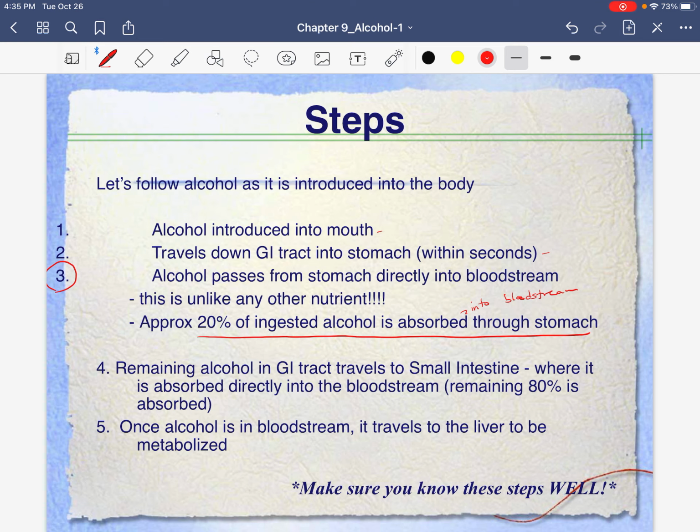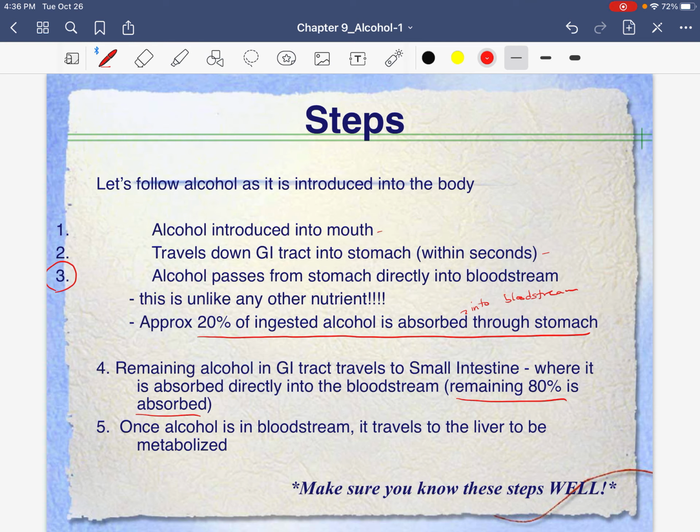We absorb 20% of that alcohol in the stomach. That is not true of carbohydrates, fat, and protein. We don't do any absorption, really, of carbohydrates, fat, and protein in the stomach. So here we go again. It's absorbed more quickly. It's absorbed in a different location. The remaining alcohol goes to the small intestine, where it is absorbed like nutrients.